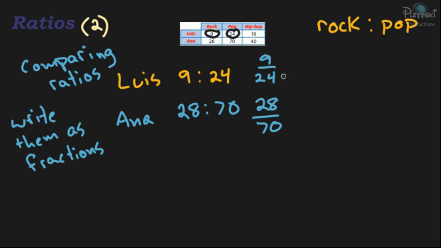So we could either convert these fractions so that they have the same denominator, we could find a common denominator, or another way that we can compare them is to write the fractions as decimals. And that may be easier in this case, to write these two fractions as decimals. And then that's a real easy way to compare them.